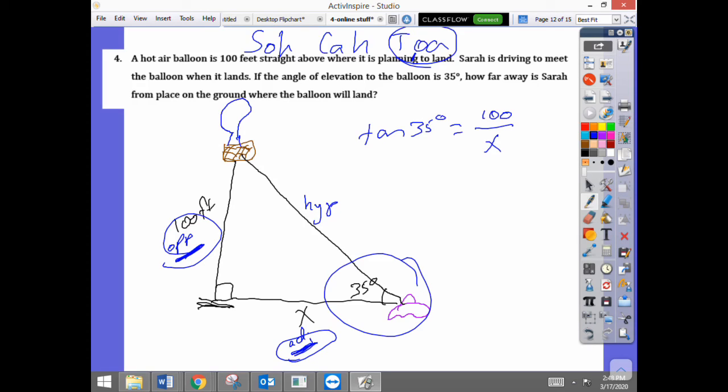Do you remember how to solve these? I think we talked about it in class. It's a little tricky when x is in the denominator. When x is in the denominator, really what you're doing is you're just switching these right here. So x is equal to 100 over the tangent of 35 degrees.